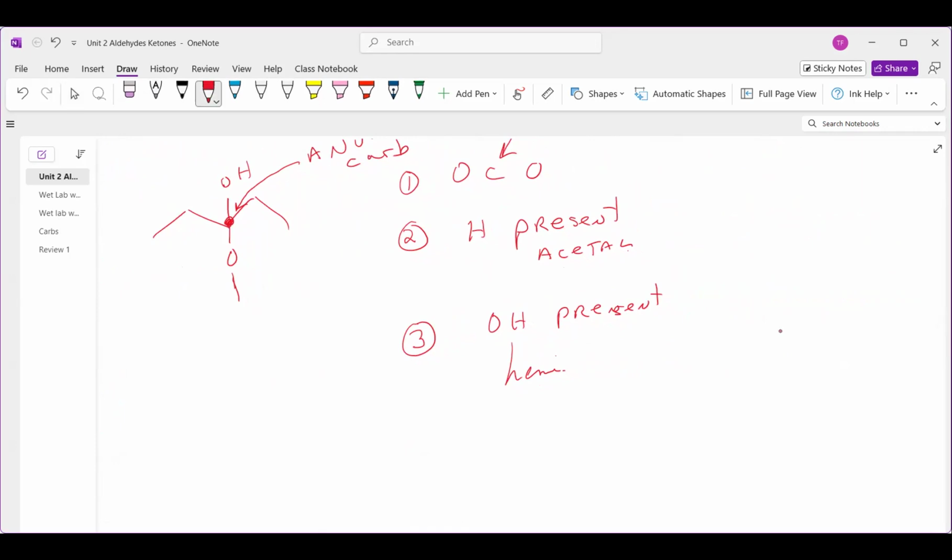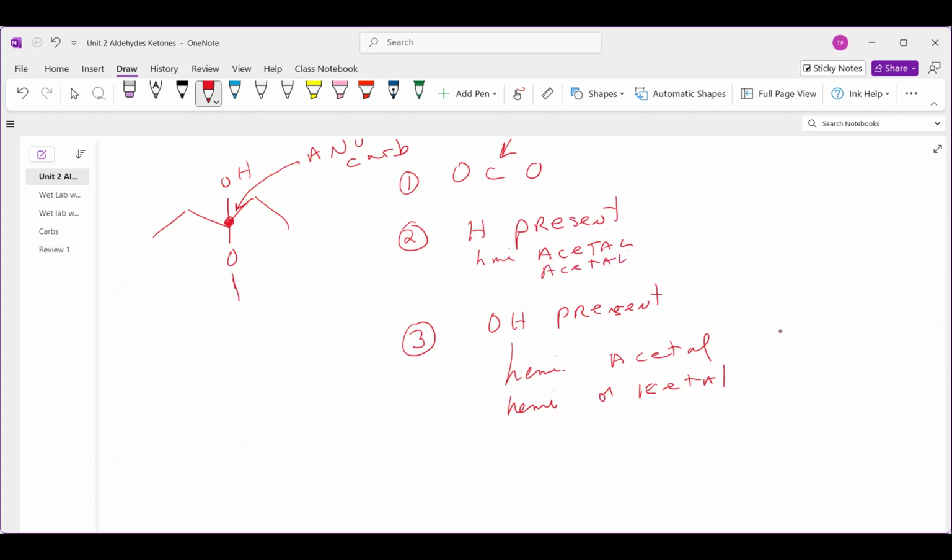It's a hemi acetal or hemi keto. If an H is present, it's either a hemiacetal or just a plain old acetal.